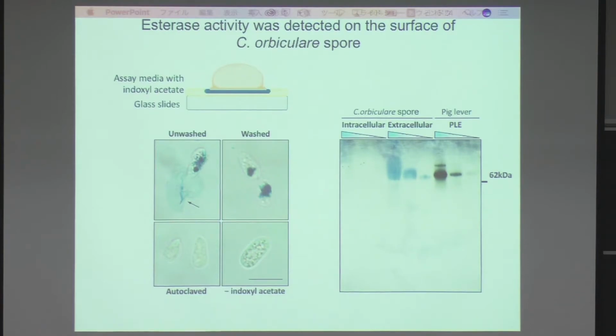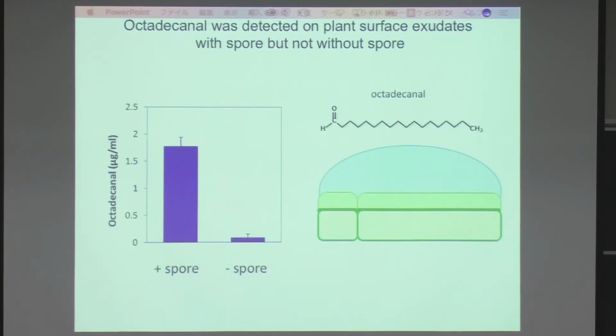Furthermore, we were able to detect extracellular esterase activity from the wash water exudate. This is the big liver control. So next we checked whether the production of octadecanol is dependent on the spore surface esterase activity. The amount of octadecanol was evaluated in the leaf surface exudate in the absence or presence of conidia.